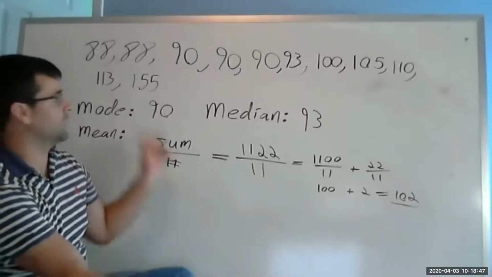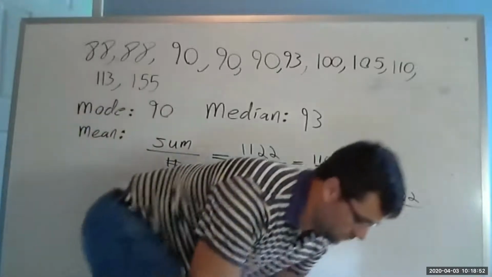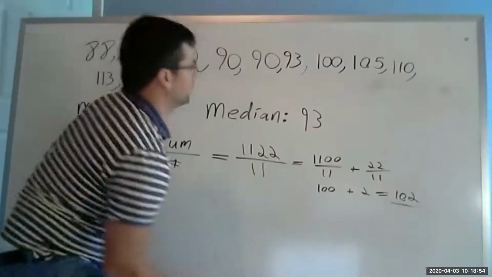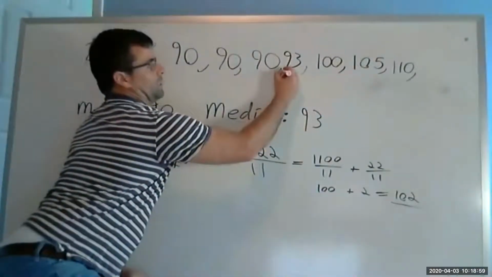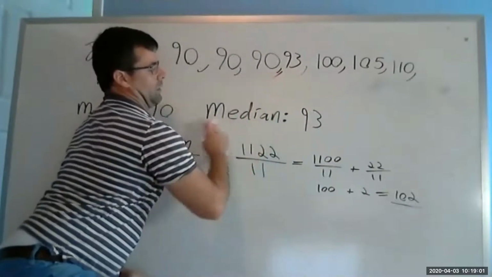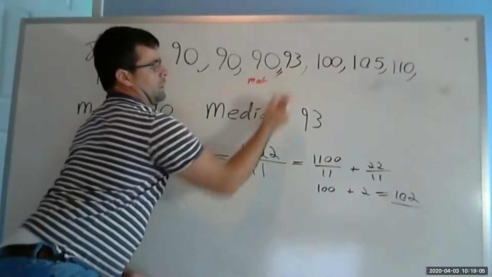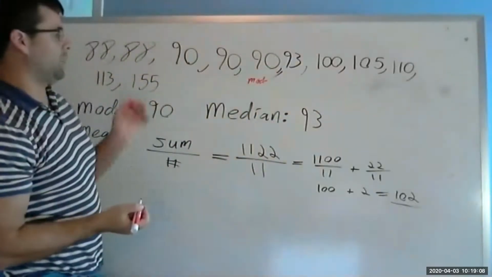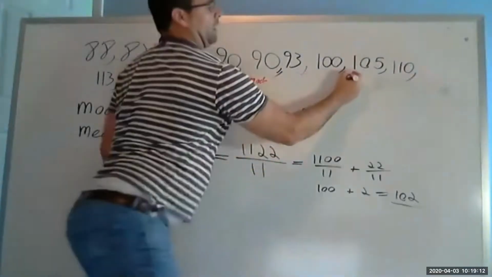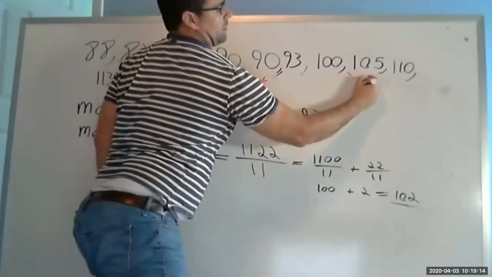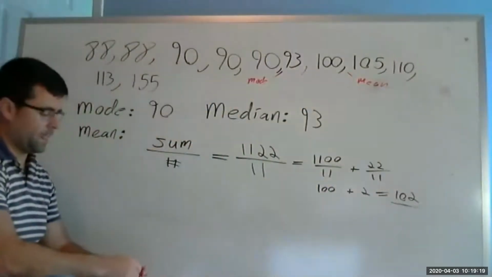So it's kind of helpful to look also where the mean falls relative to these other numbers. The mode is just below the median, and the mean is a little bit above the median.